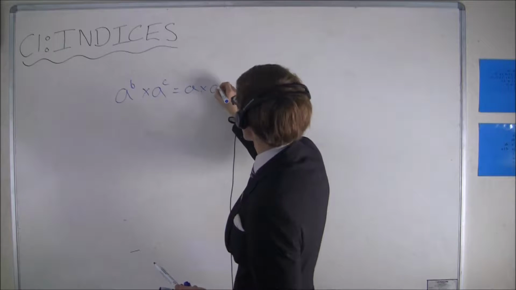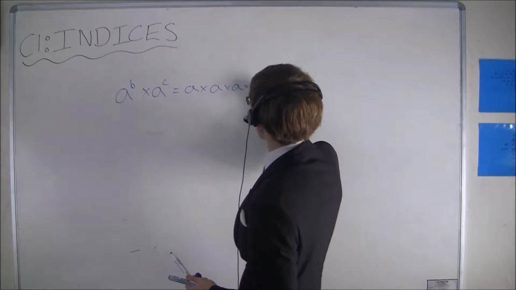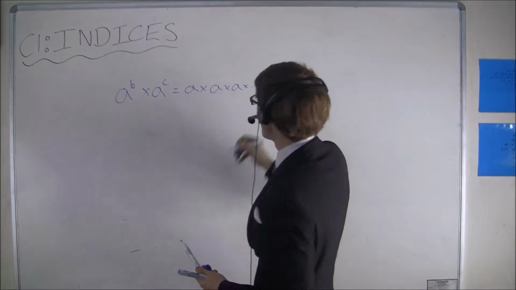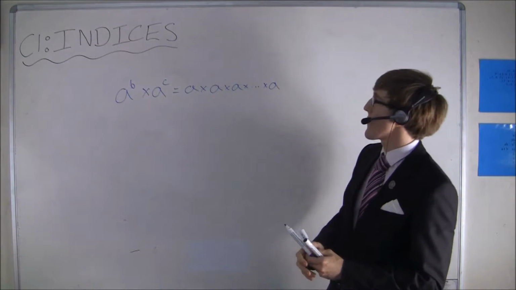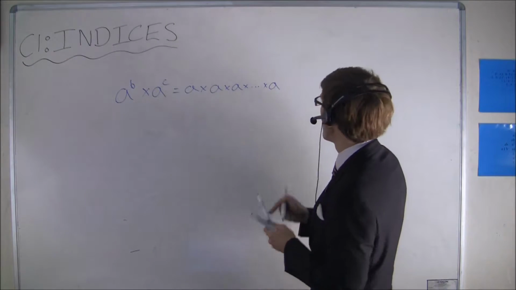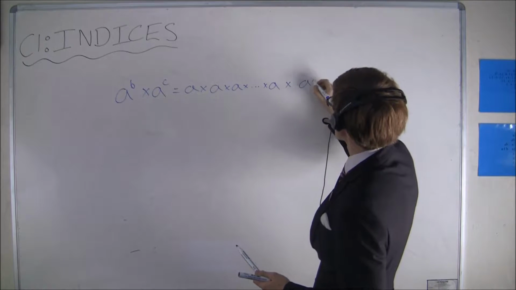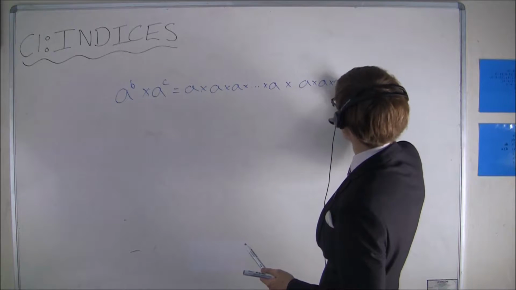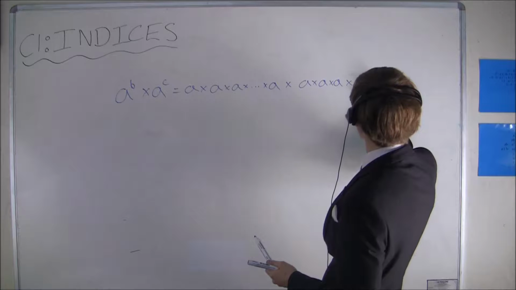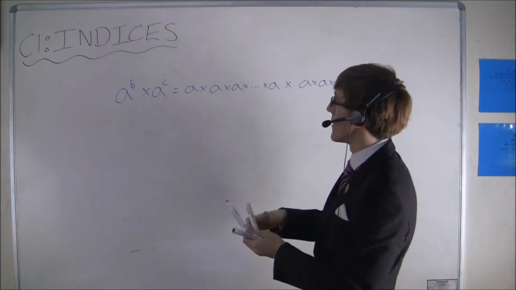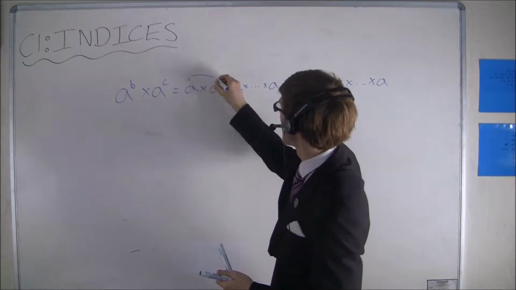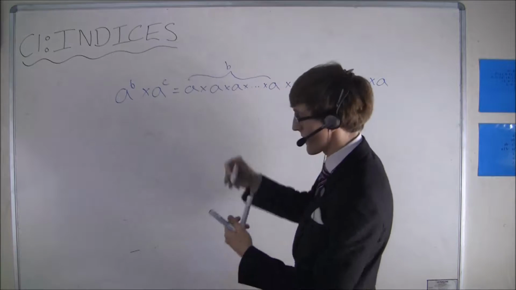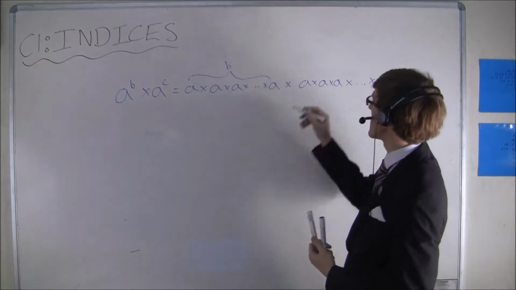So that's a times a times a times dot dot dot times a. And a to the power of c is similarly a times itself c times. So we have b lots of a here, and c lots of a here.